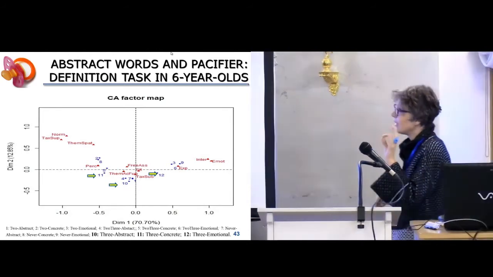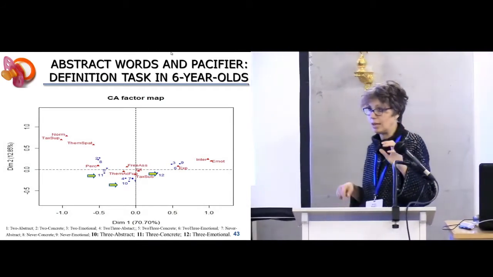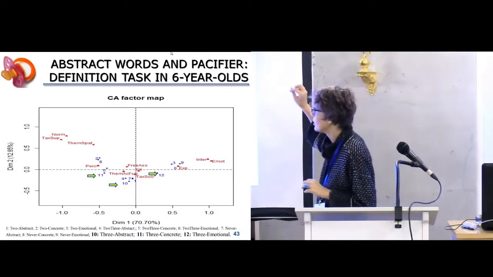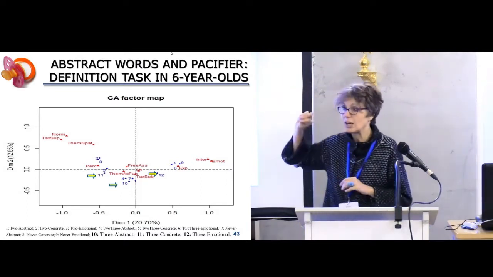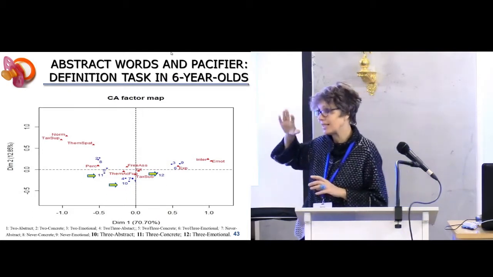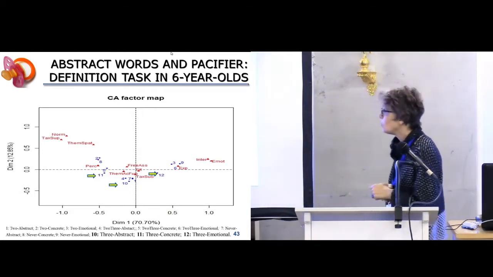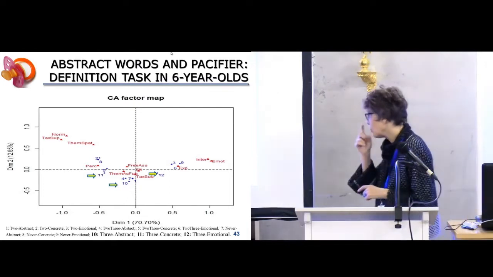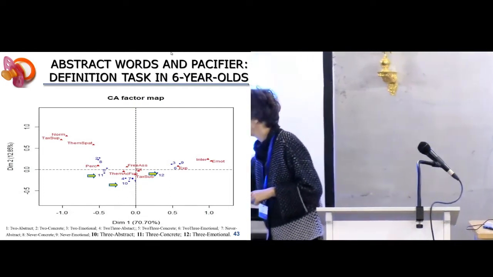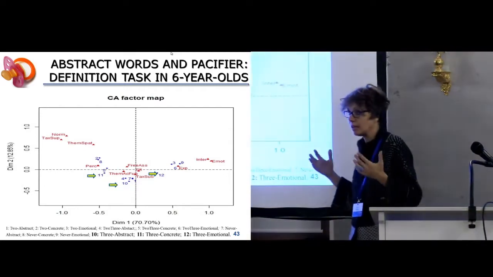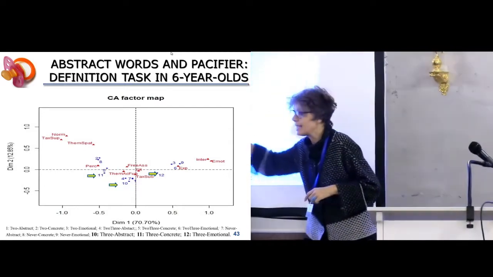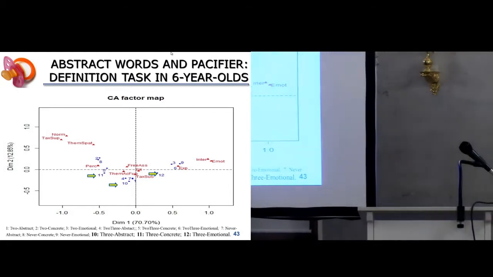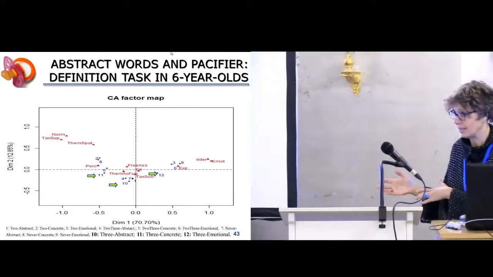Then we analyzed the relations produced by children. I'm not going into details. Relations, for example, emotional relations, free association, spatial relation, taxonomic relation, etc. We coded that. And what did we find? This is a correspondence analysis showing that children who used the pacifier for more than 3 years, so for long, tended to distinguish less between concrete and abstract, and abstract and emotional concepts.